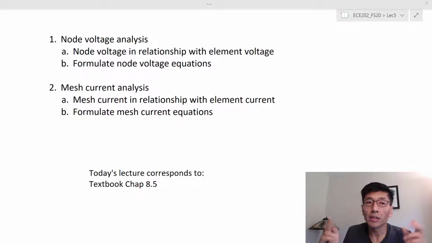Mesh currents are very abstract to some of you because they are not really the actual physical current you can measure. So it's kind of fictitious. But I will build a solid foundation, at least somewhat rigorous, to relate those mesh currents with the element currents. That may take a little bit longer for the third clip. And then in the last one, we will see how we formulate the mesh current equations.